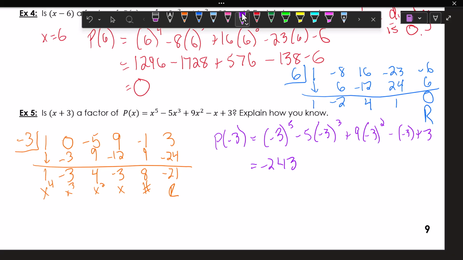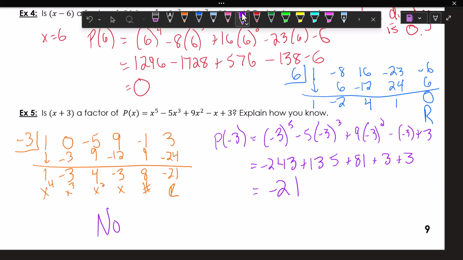Then -3 to the third times -5 is a positive 135. -3 squared is positive 9 times 9 is 81. Minus a -3 is +3. And then we have that other +3. We have -243 plus 135 plus 81 plus 3 plus 3. And we do get -21.